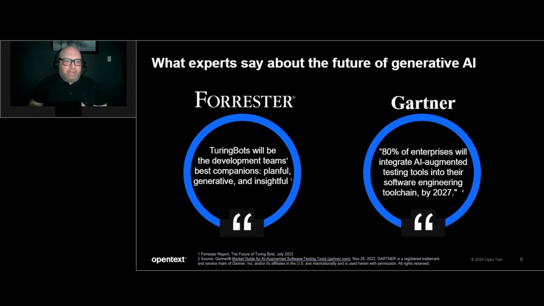Gartner analysts agree that by 2027, 80% of enterprises will have integrated AI augmented testing tools into software engineering tool chains, a significant increase from 10% in 2022.